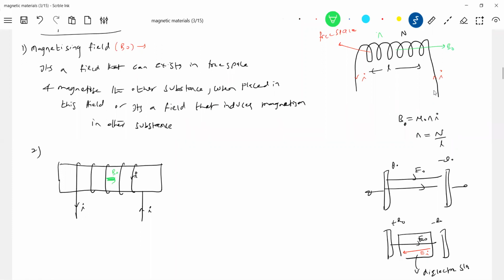Okay, fine. And it will induce a magnetic field. It can induce a magnetic field in any direction. So let me put it as B I like this. And this rod is a magnetic substance. So what is that B I? B I is called the induced magnetic field.